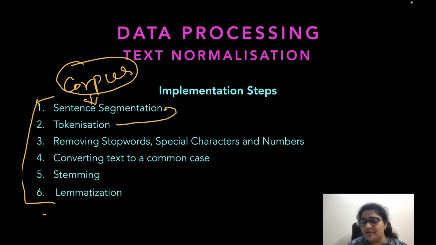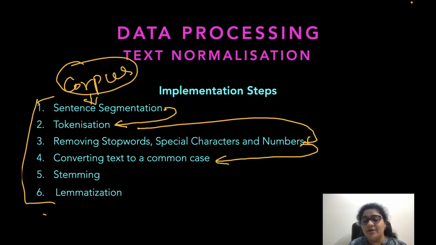After sentence segmentation, it will go to tokenization. After tokenization, it will go to removing stopwords, special characters and numbers. Then once this step is achieved, it will reach another step, converting text to a common case.